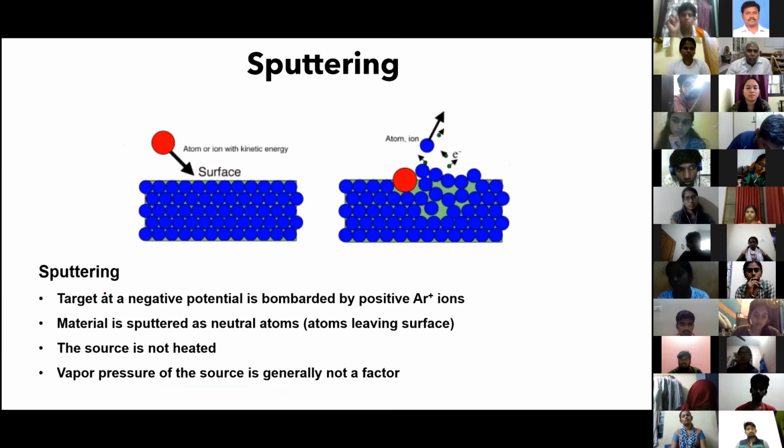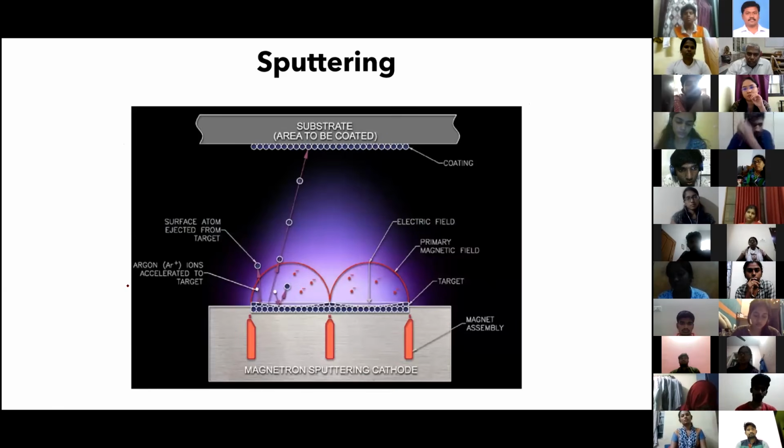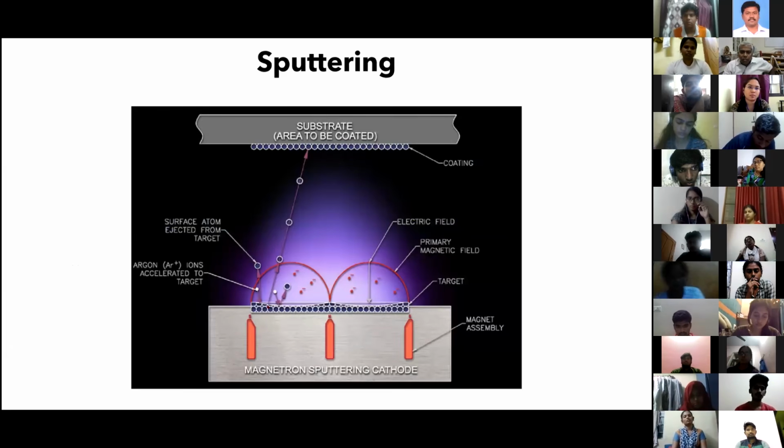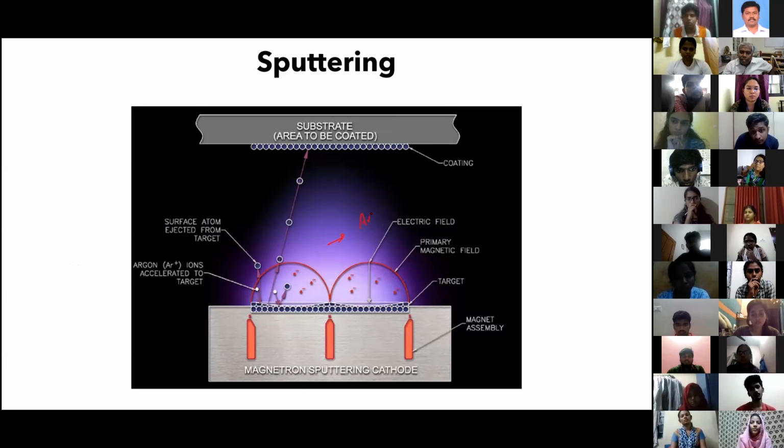See, what you do here, let me say, you have a high energy argon ion, which comes here. Okay, let me say this is the target. Target means the material that you want to evaporate. Okay, right. And you allow argon here, and electrically you ionize it, then you get an argon plasma there. Okay, and this plasma will be accelerated towards this negatively charged cathode, where this target is fixed.